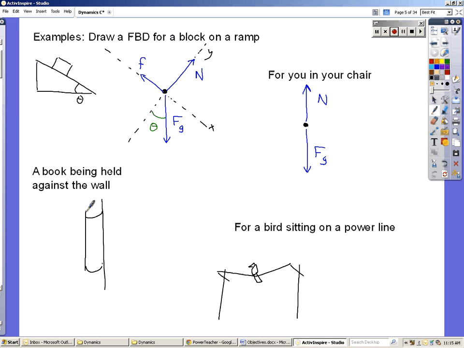So there's a book. Physics. Someone is holding it against the wall, like that, and it's not sliding down the wall. Draw a free body diagram for that as well. Label all the forces. Also for tomorrow, answer question 1 in chapter 5. Question 1, not problem 1.